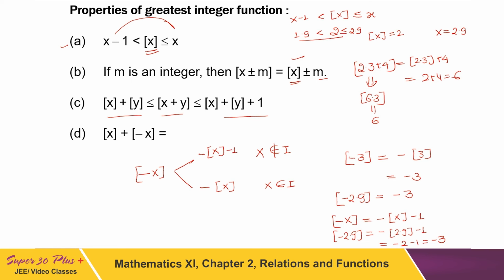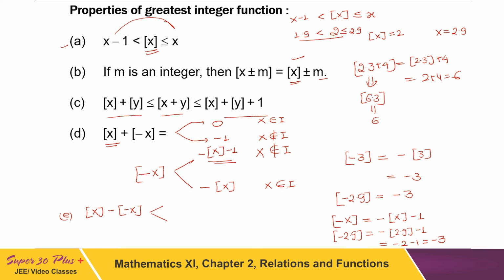Now, if we want to add these two systems, there are also two categories: one for x belonging to the integers and one for x not belonging to the integers. If x does not belong to the integers, we use this definition, and if we add the greatest integer of x in this system, the answer will be minus 1, and for the other system the answer will be 0. We can write property E also like this: the greatest integer of x minus the greatest integer of minus x.